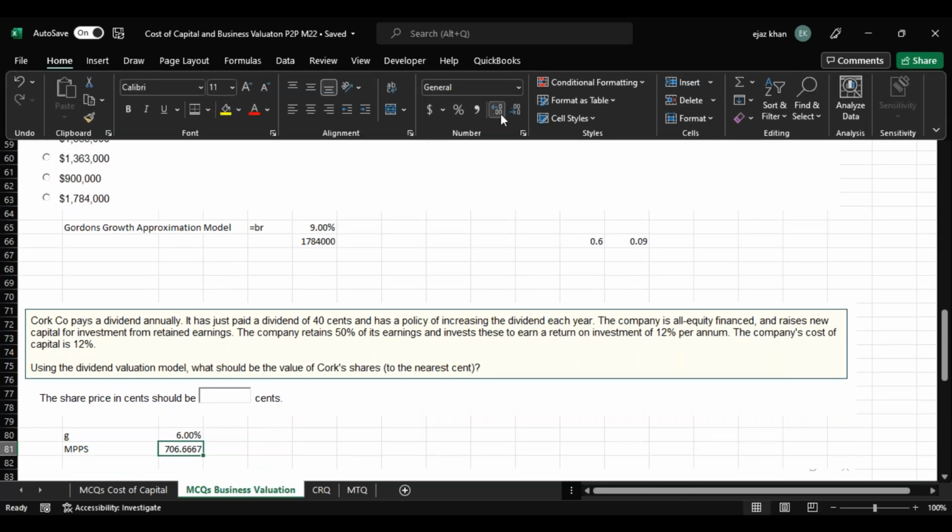It's 707 cents, and this is what we have to answer in cents as well. So we'll just write 707 cents.